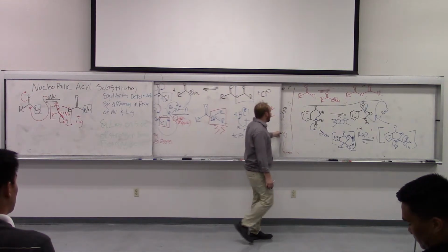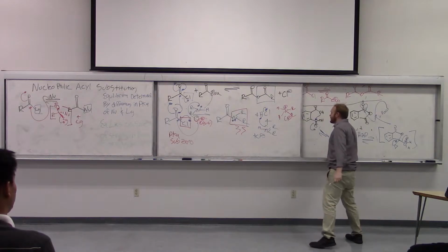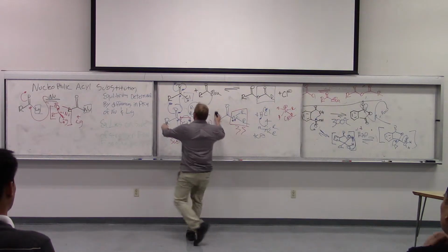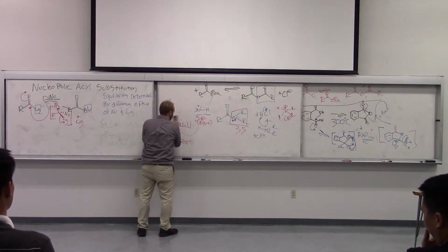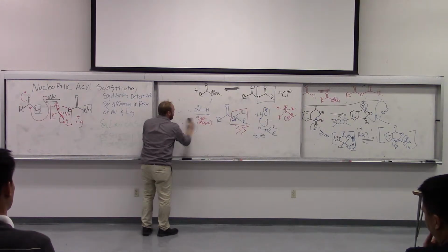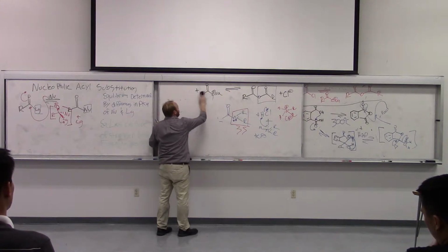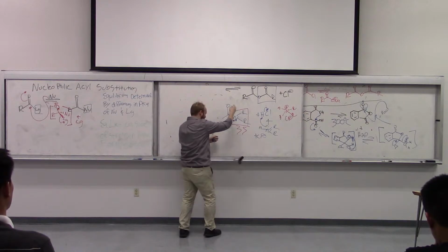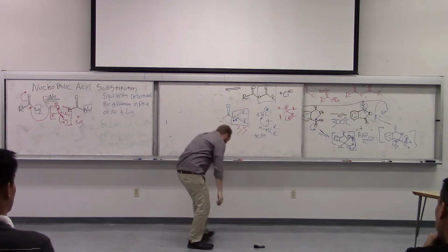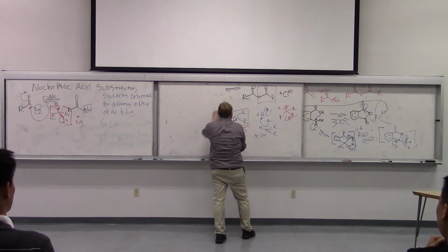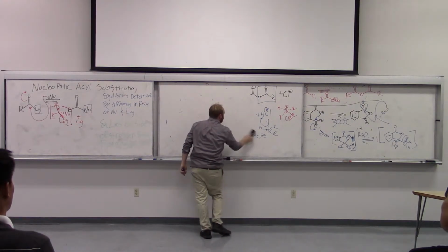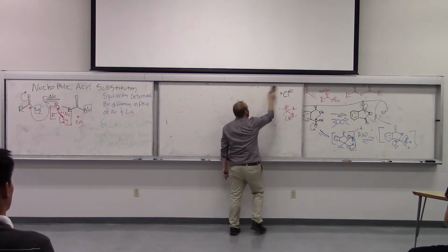So anhydrides are great. Anhydrides are amazing. From anhydrides we can make esters if we add an alcohol, and we can make amides by adding amines.